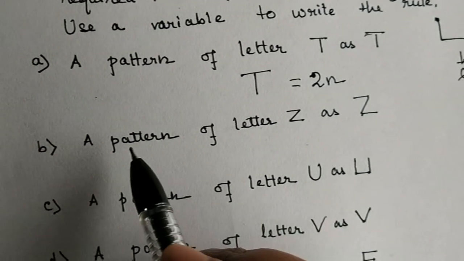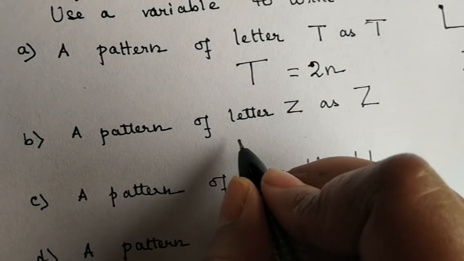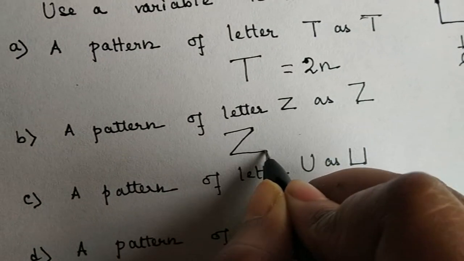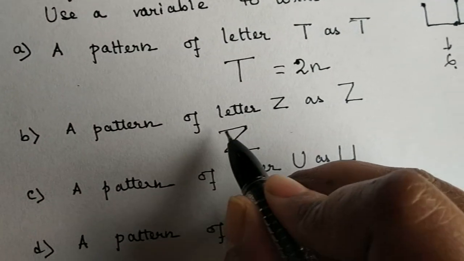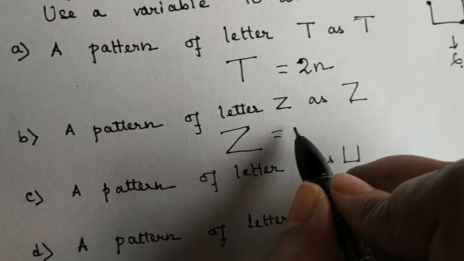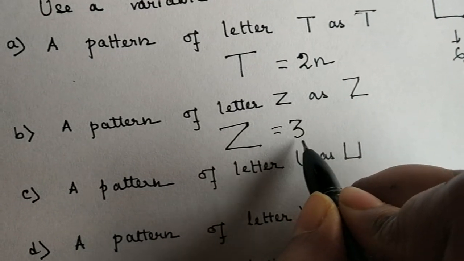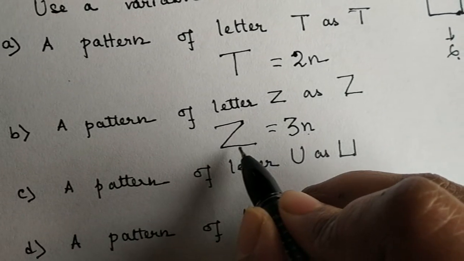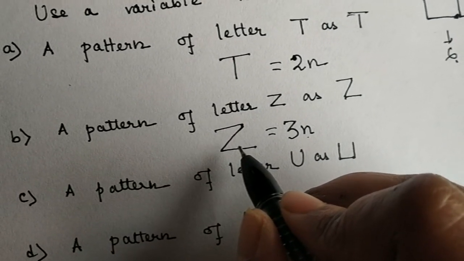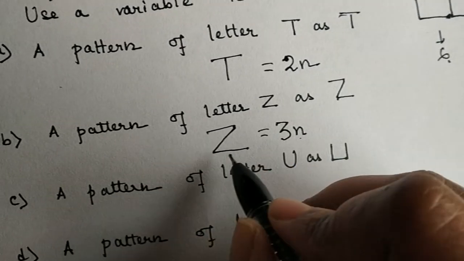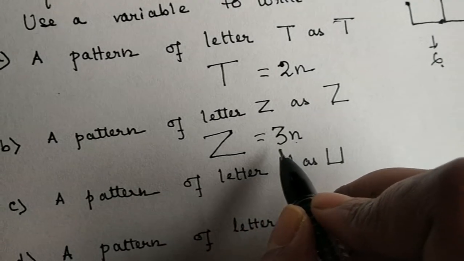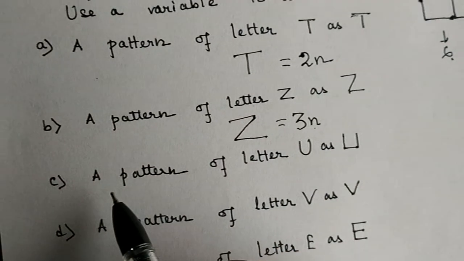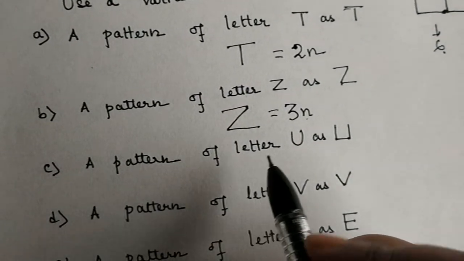Now coming to the next part, a pattern of letter Z. In Z, see 1, 2, 3. So 3 mastics are used in one Z, in one alphabet. So it will be 3n, where n is the number of Z. If we need to find the number of mastics in 15 Z, then it will be 3 into 15, which is 45.